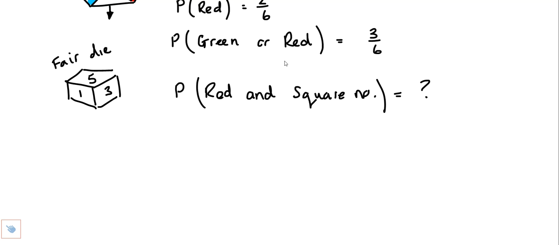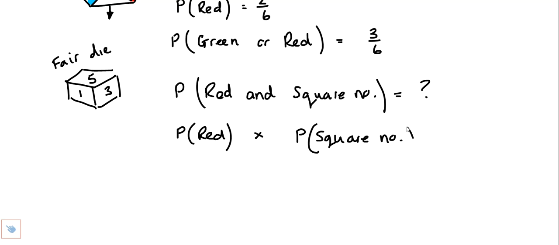Now, let me just check something. So the probability of red and, what do I replace and with? Times. And the probability of a square number on the dice. Okay, let's just check this. Does this work? So what's the probability of getting a red colour on the spin?